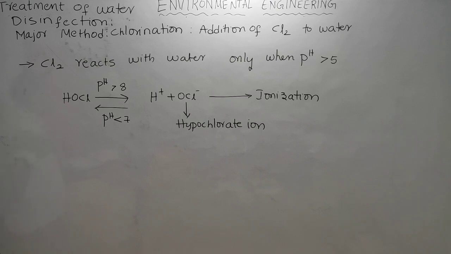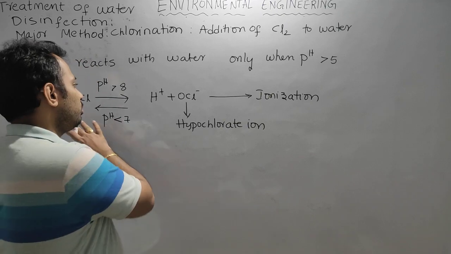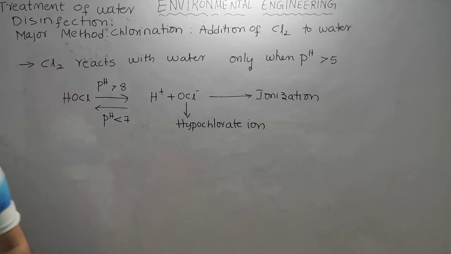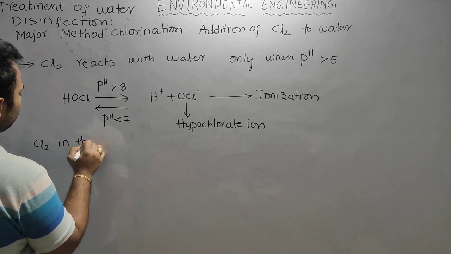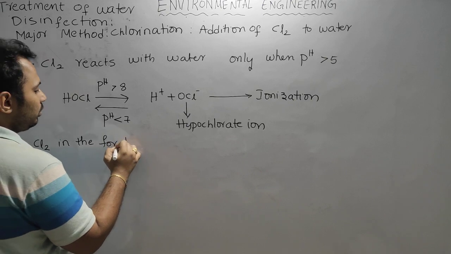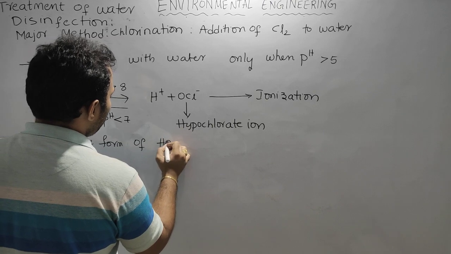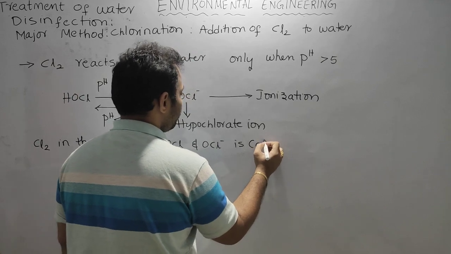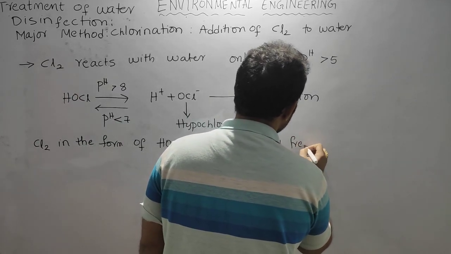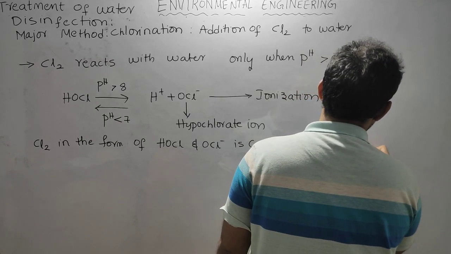So when you add Cl2 to water, it directly forms HOCl. Further, this HOCl forms OCl minus. Cl2 in the form of HOCl and OCl minus is called freely available chlorine.